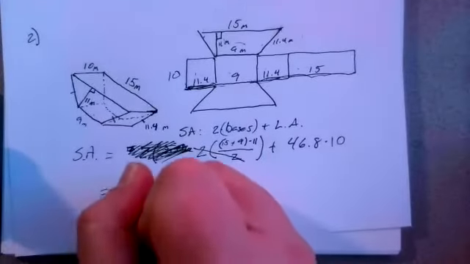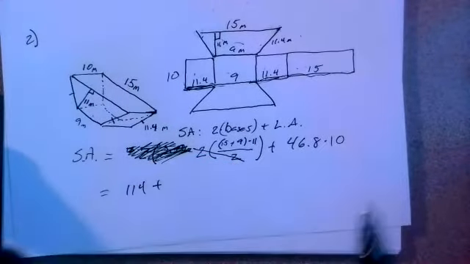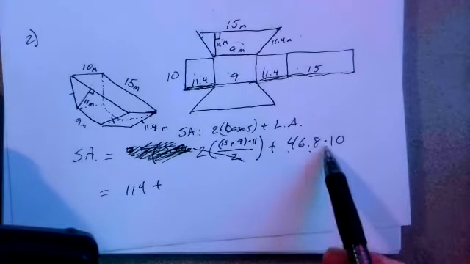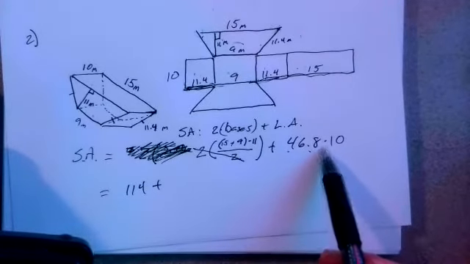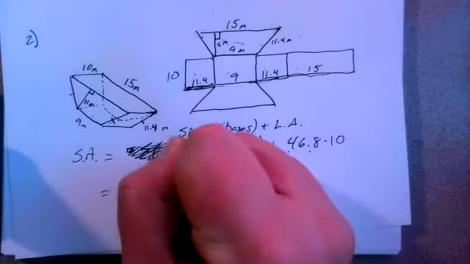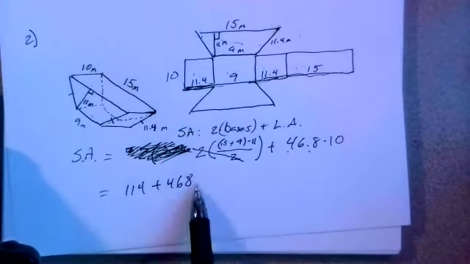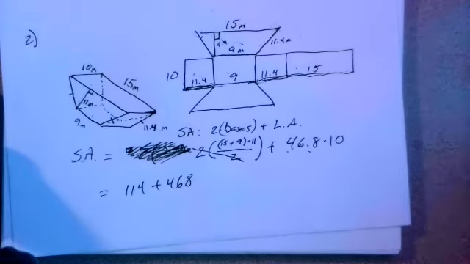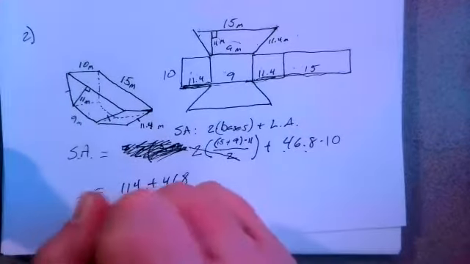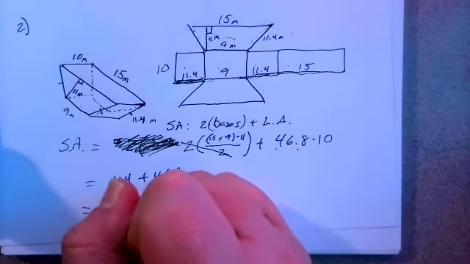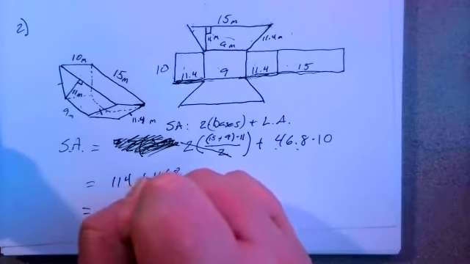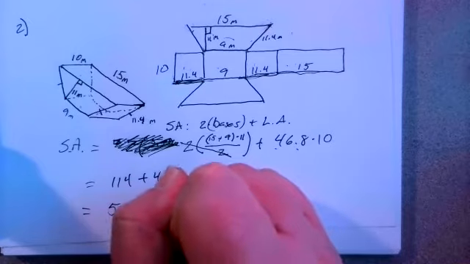So I get 114 plus 46.8 times 10. I'm going to be smart and just move my decimal over, and I get 468. 114 plus 468 gives us a grand total of 582 meters squared.